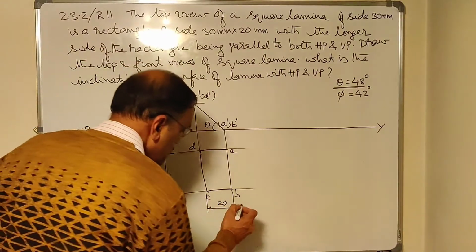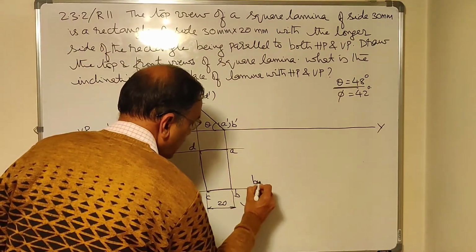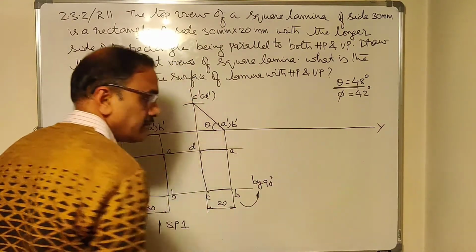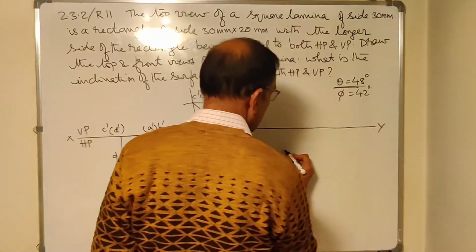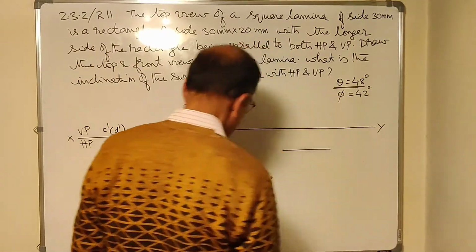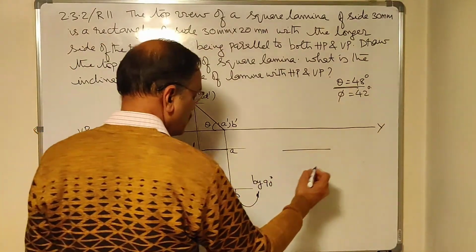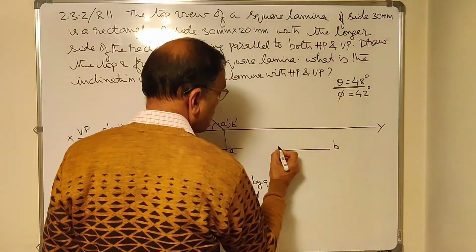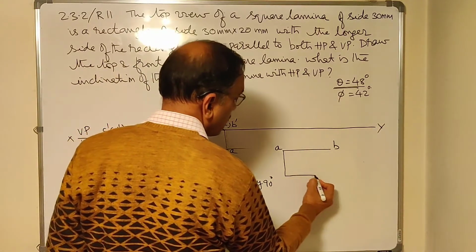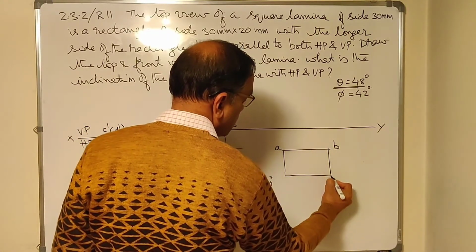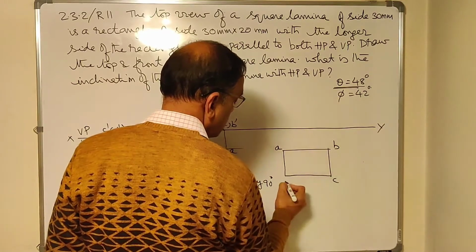So this rotation is by 90 degrees. So just draw a rectangle. You are rotating by 90 degrees, so B will go here, A will come here, and then complete the rectangle. A, B, C, D.